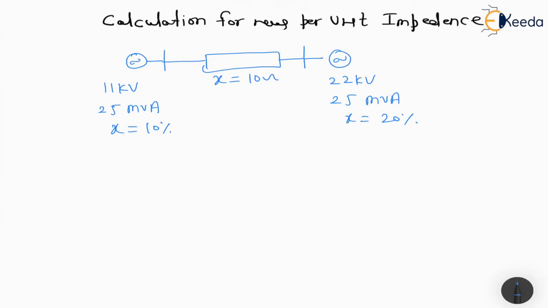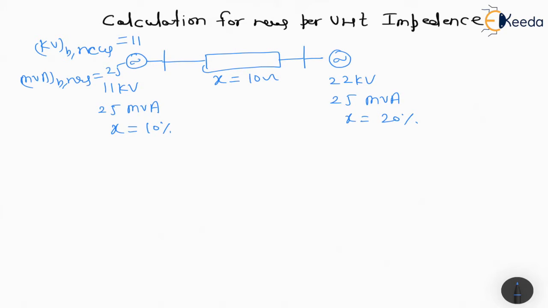We need to find the per unit reactance diagram for this. Considering the new base, KVB new is equal to 11 and MVAB new is equal to 25.